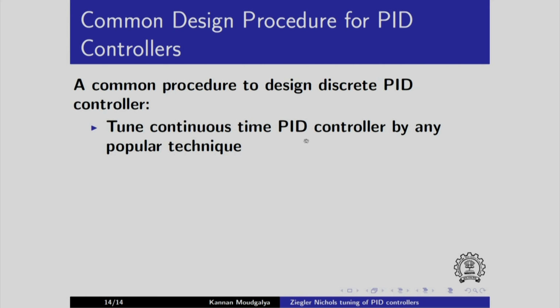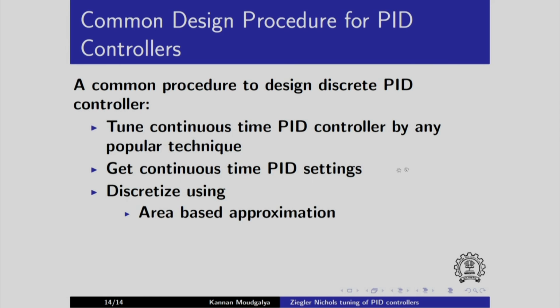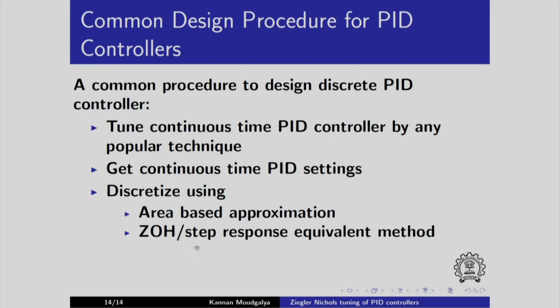Tune the continuous time PID controller by any popular technique, and hence obtain continuous time PID settings, discretize it using area based approximation or zero order hold or step response equivalent methods. We will discuss these two in the subsequent lectures.